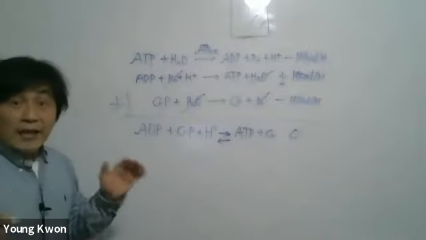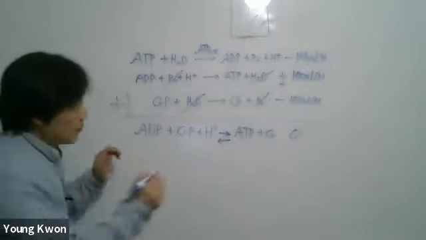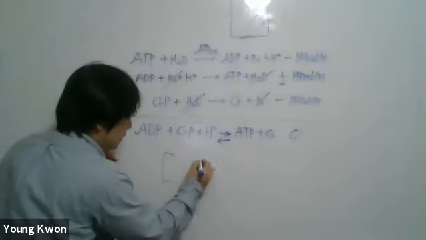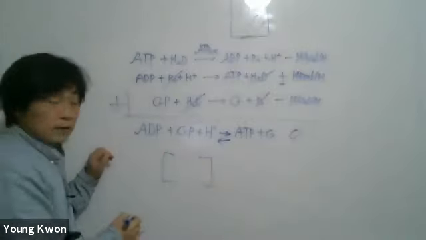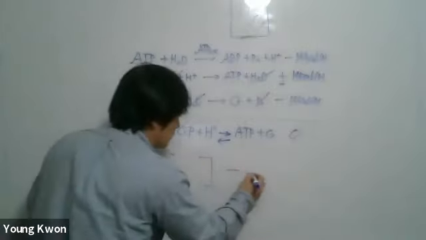So the mass action effect means if this side has more concentration and this side has less concentration, the reaction goes from high concentration to low concentration, this way. This is the mass action effect. Does it make sense?